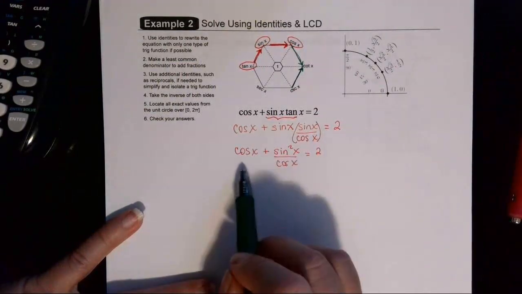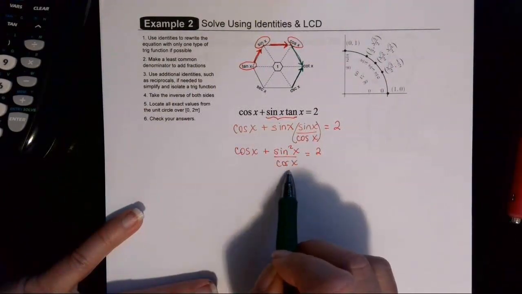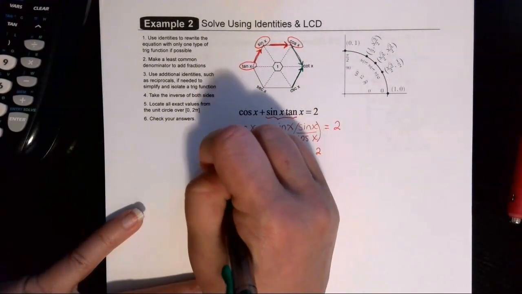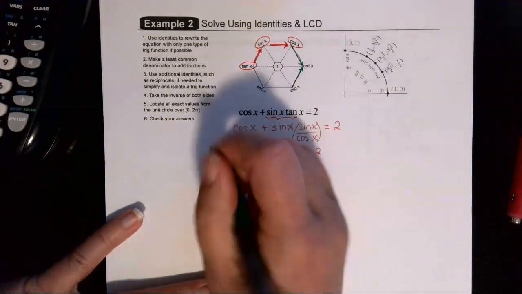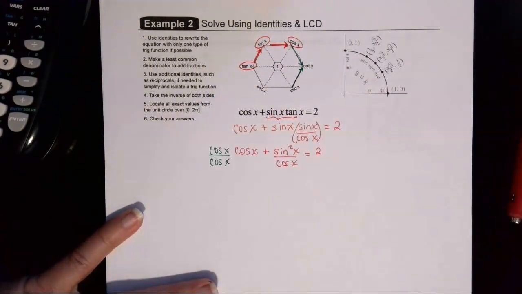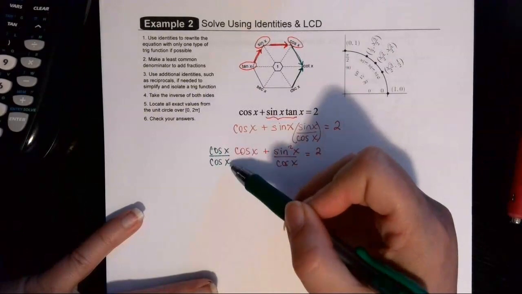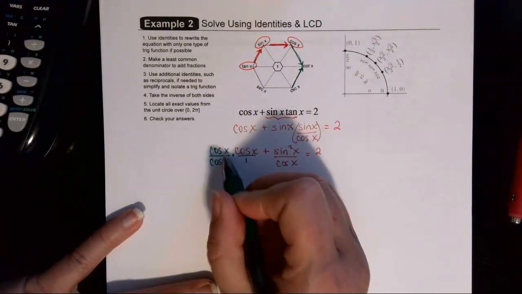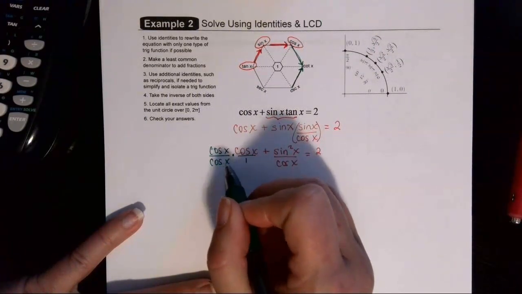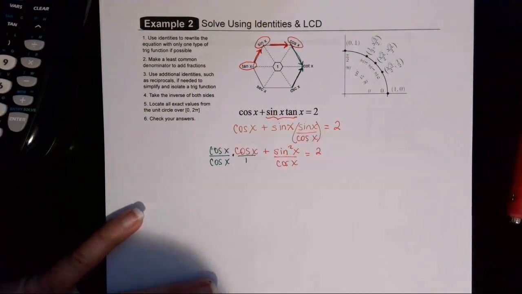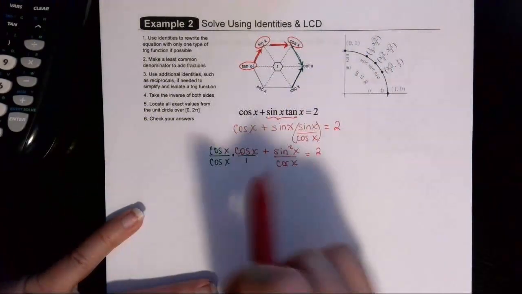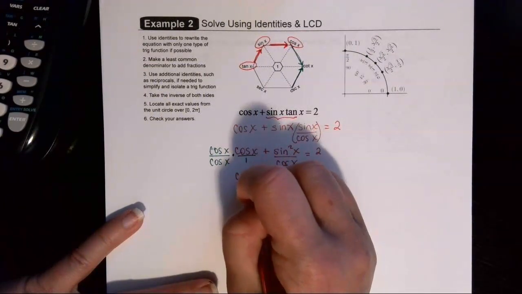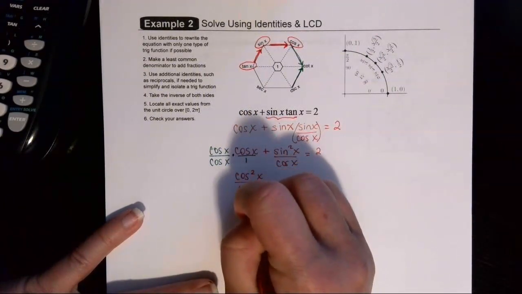So to get that least common denominator to match this fraction, which is cosine of x, I'm going to multiply this fraction by cosine of x in the numerator and cosine of x in the denominator, because that way I don't change the value of anything, because a number divided by itself is 1, and 1 times anything is what you started with.